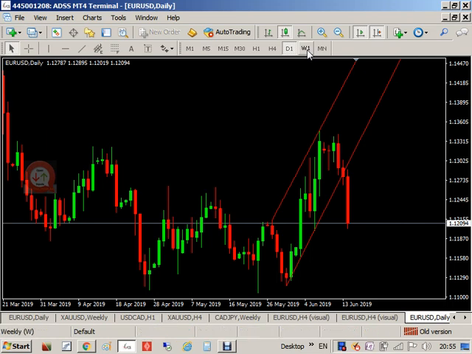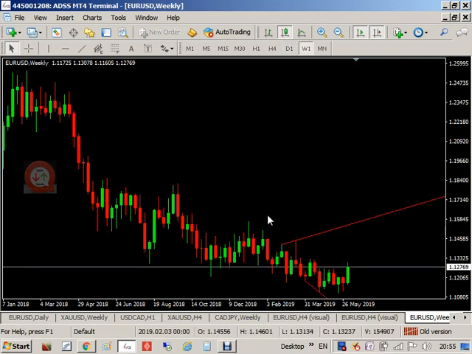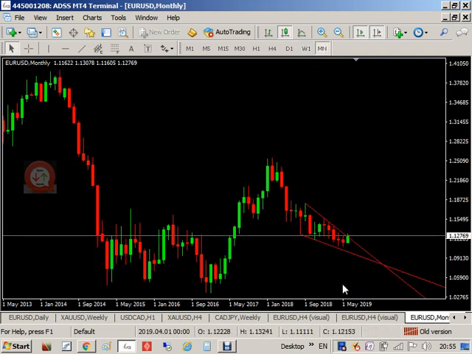Okay, if we go weekly, there is no signal here. There is no kind of support broken, up or down. If we go monthly, we see here the euro start to break up the resistance.